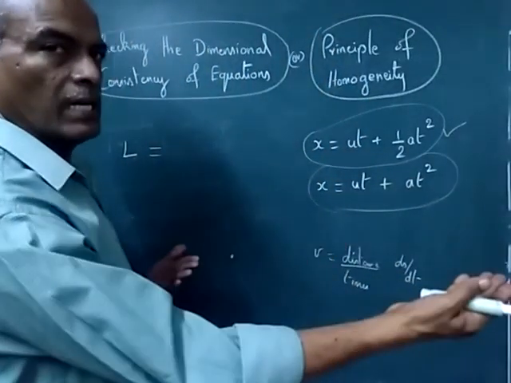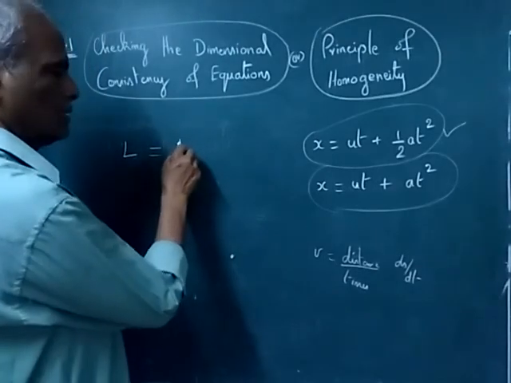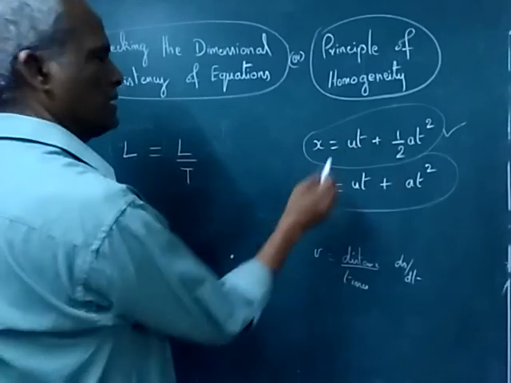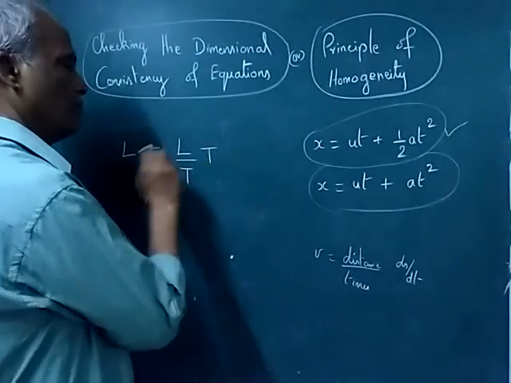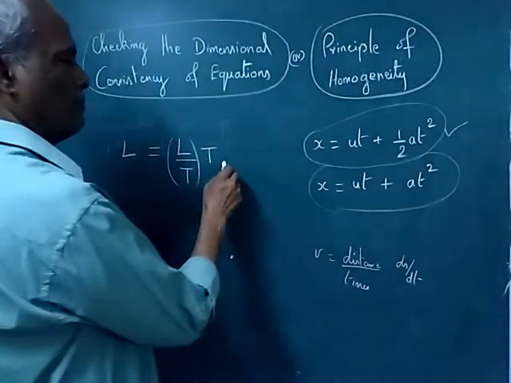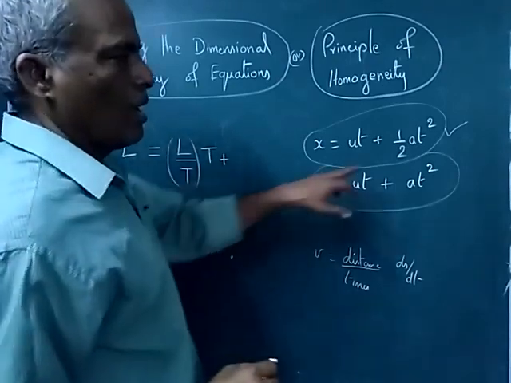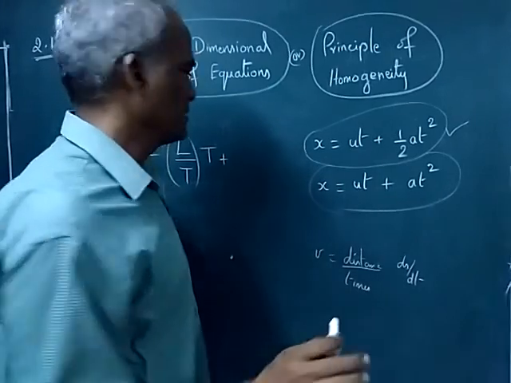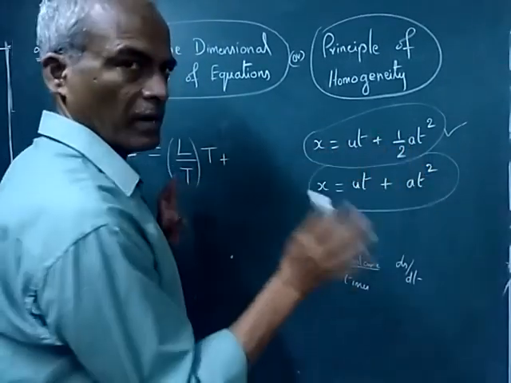Distance is basically length. So length by time. T is time, you write down time here. Then plus half is dimensionless, so this we won't write.